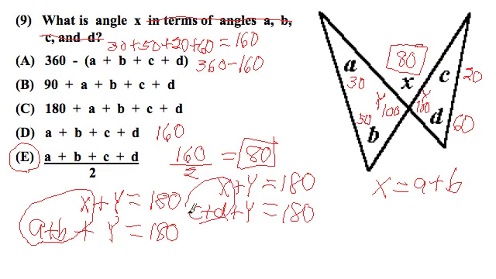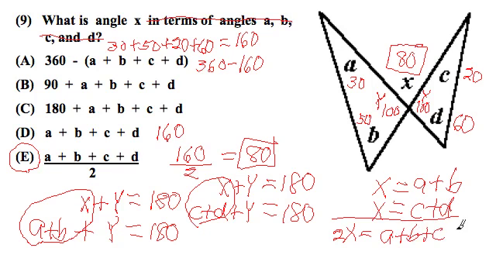So x has to be equal to c plus d. And if we add these two sides, 2x is equal to a plus b plus c plus d. And divide both sides by 2, we get the algebraic solution.